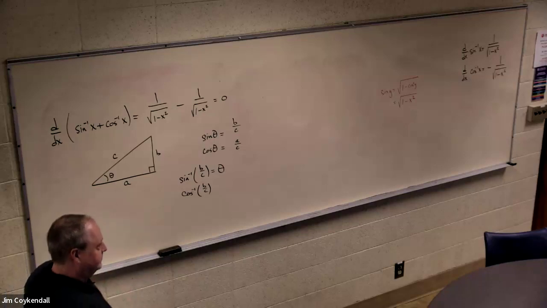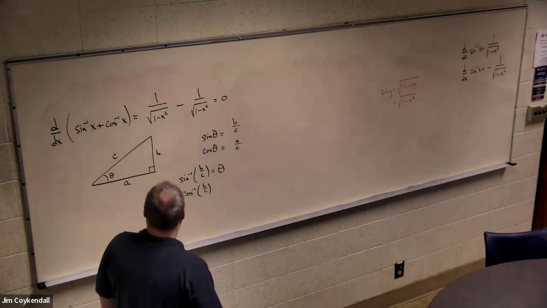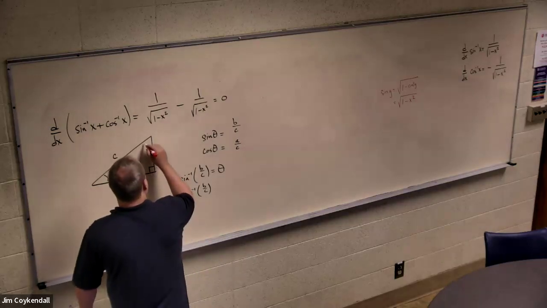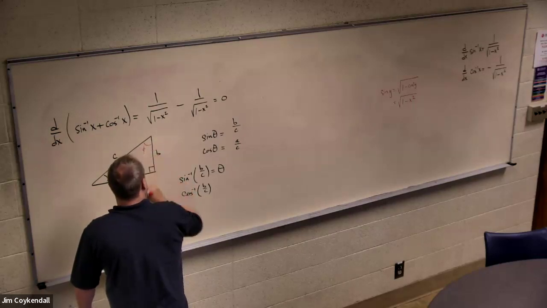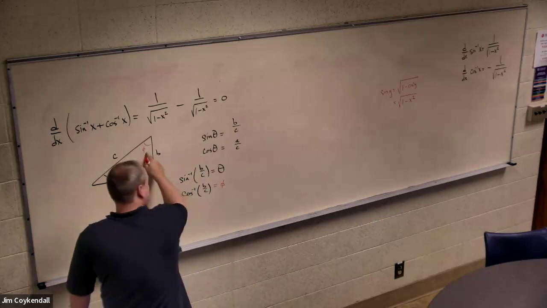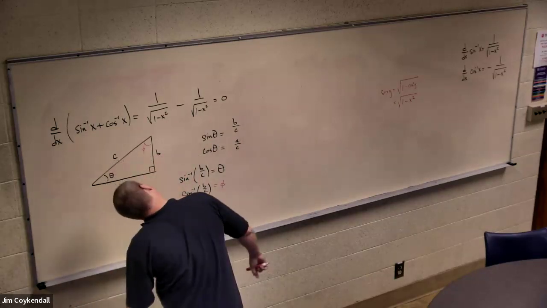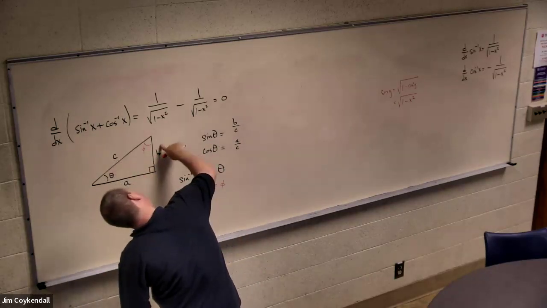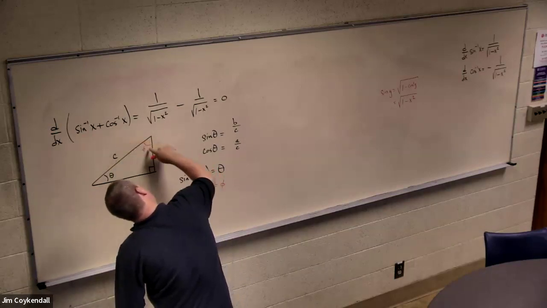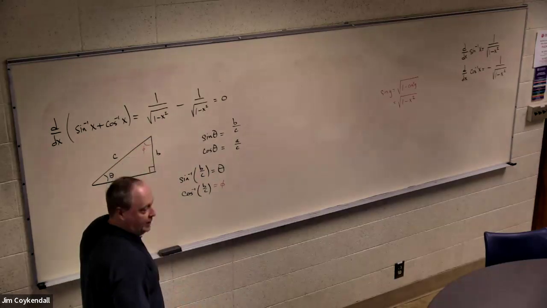It's this angle, right? Because if I stand and look at this right triangle here, it looks like B over C is the cosine of this other funny Greek letter.